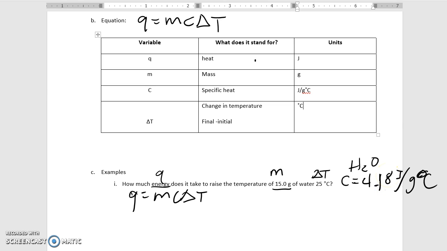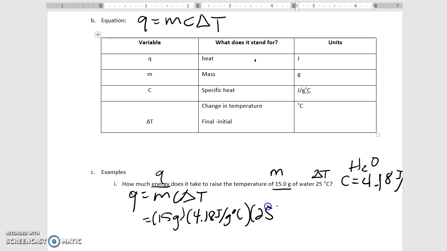Plugging things in now, we need to solve for Q. Our mass is 15 grams, our C is 4.18 joules per gram degree Celsius, and our delta T is 25 degrees Celsius. Go ahead and calculate that out. You should get about 1,567.5 as heat, so your units here should just be joules.